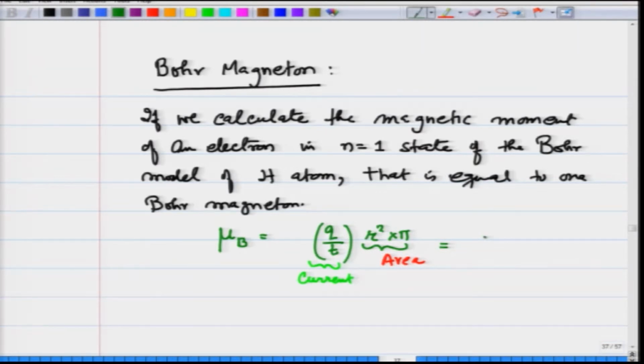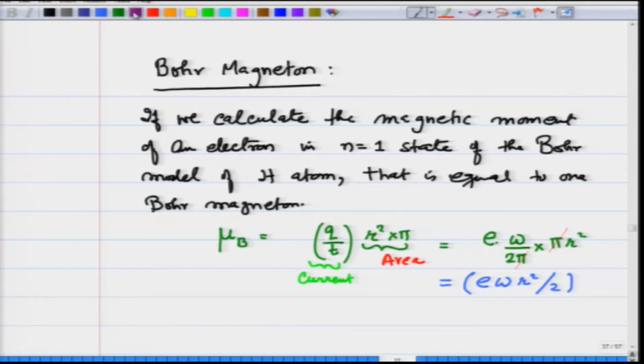So, this I can write as e times omega over 2 pi times pi r square, and this pi cancels, I get this equal to e omega r square by 2, and I can immediately relate it to the angular momentum of the system.